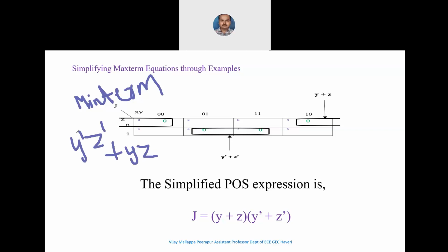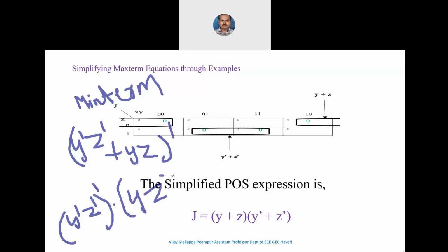Now take the complement of this one. If I take the complement, apply De Morgan's theorem, what do you get? Y bar z bar whole bar, the or is replaced with an and here. Again we have y and z bar. Now again apply De Morgan's theorem. What do you get?